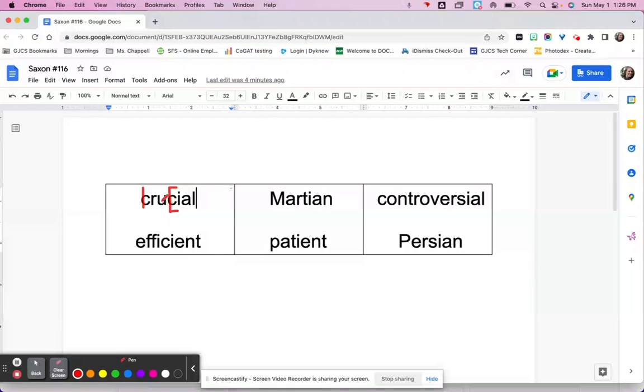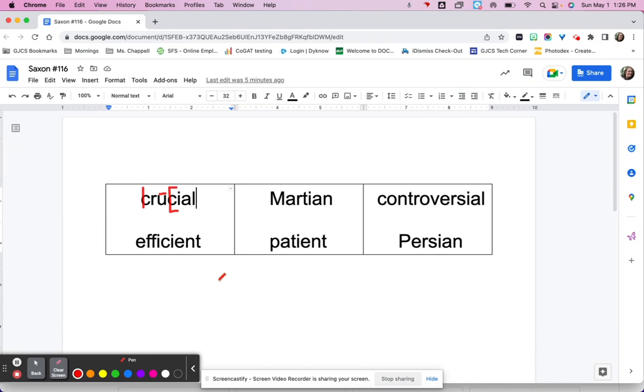And then our U is an open vowel. So open vowels are almost always long, except for a few rule breakers. But this one is a long U sound. So let's go ahead and sound this out. So we have k, oo, and then CIAL says sh, ol. So we have crucial.